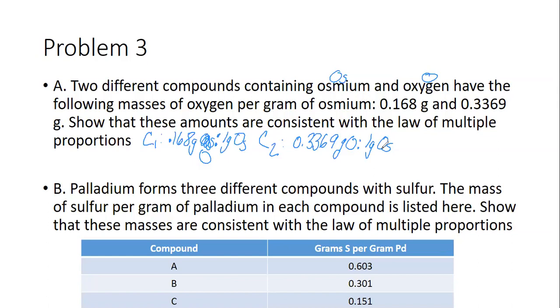So we look at our setup, right? And we already have one compound that's already 1 gram. So we just divide the other compounds by each other. That should be a whole number. So we take 0.3369. We divide that by 0.168.